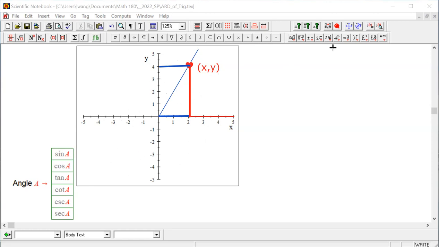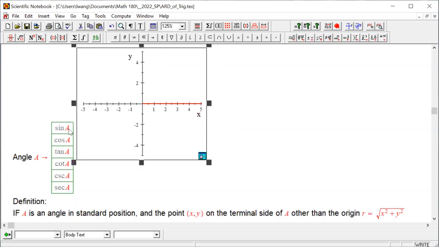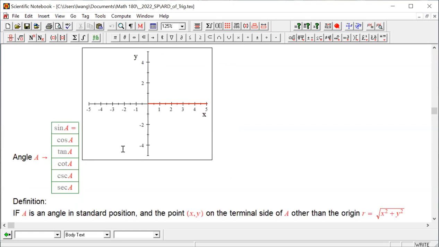So suppose we pick a point for an angle. Now let's move down. I'm going to make it a little bit smaller so we can fit in what we need to. We're going to introduce the definition.